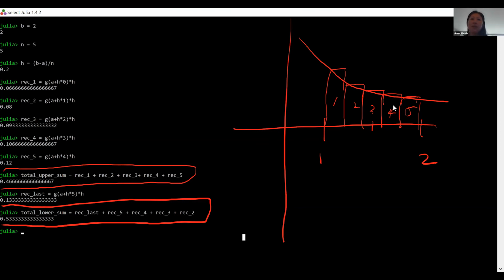My answer should be that the upper sum is a bigger number than the lower sum. So where did I make a mistake?